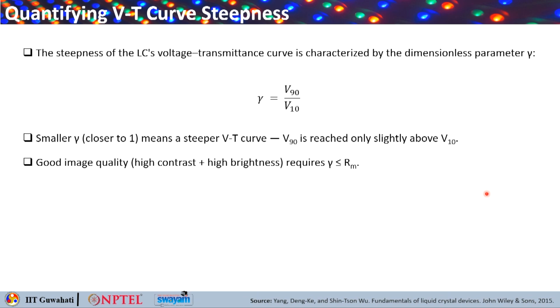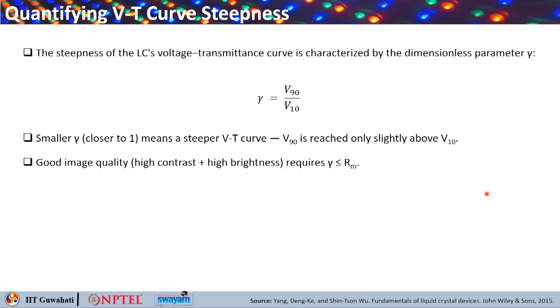And if V90 is much larger than V10, then gamma is very large. That means you have a very gentle or gradual curve, and you require a very big voltage swing to go from the dark to the bright state.